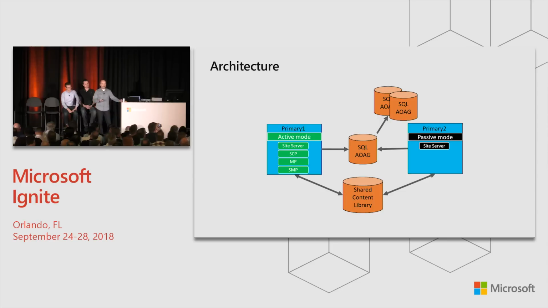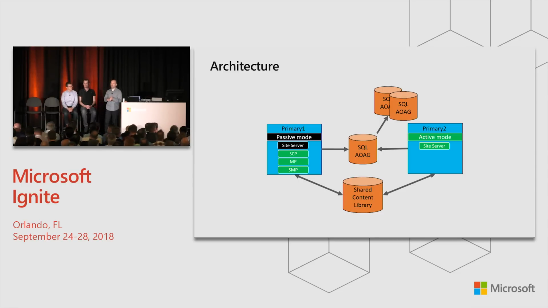I just want to emphasize that when you fail over, only the site server role fails over. All the other roles stay working on the primary one. So you need to make sure you have another MP, or that all the roles are also highly available. You still have to have those plans in place.